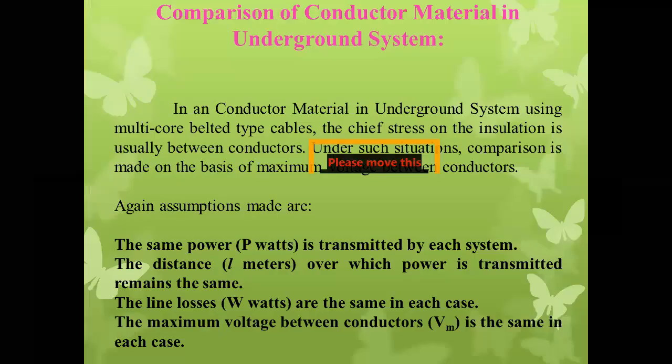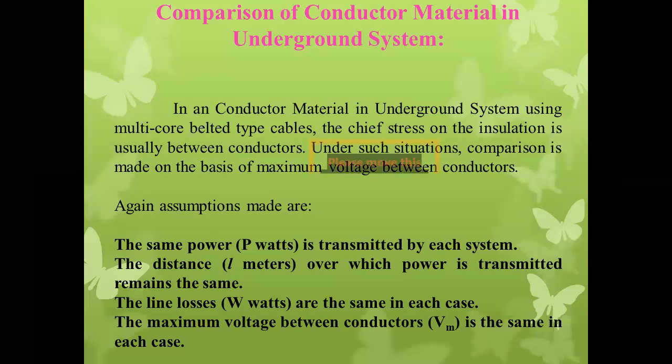Now the comparison of conductor material in the underground system. As we know, multi-core belted type cables are generally used. The electric stress on the insulation is usually between the conductors. Under such a situation, comparison is made on the basis of maximum voltage between conductors.